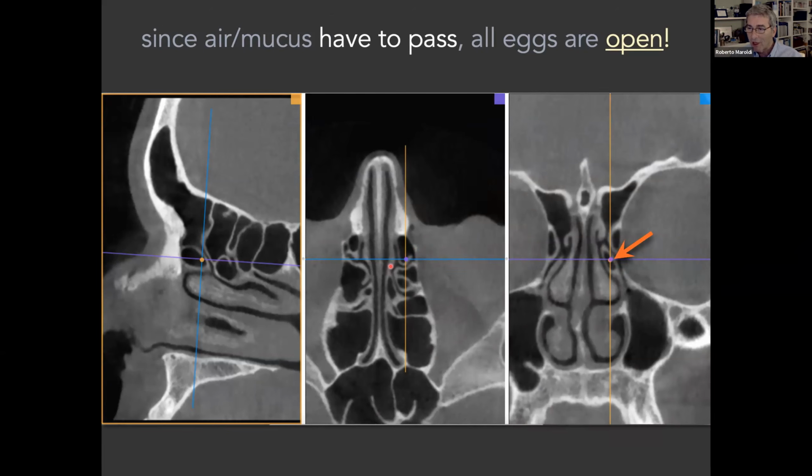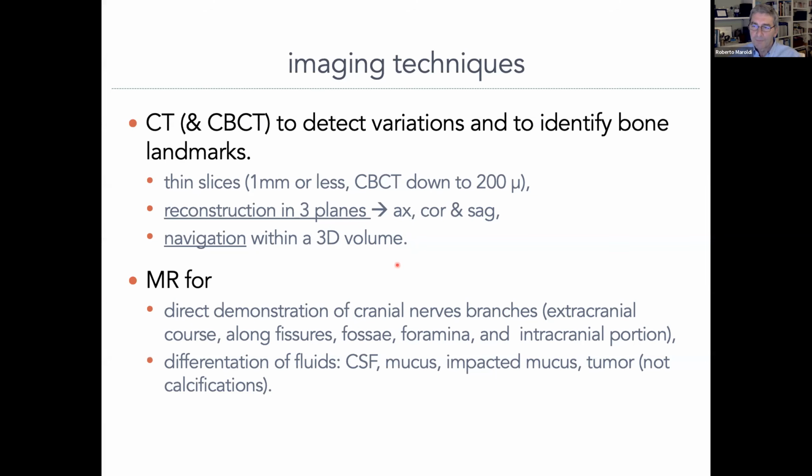It's a simple recess in which the walls are simultaneously identified at that level. We call this recess the Agger nasi cell, but actually this is a recess where the ethmoid infundibulum will arrive, and this is the path of the drainage.